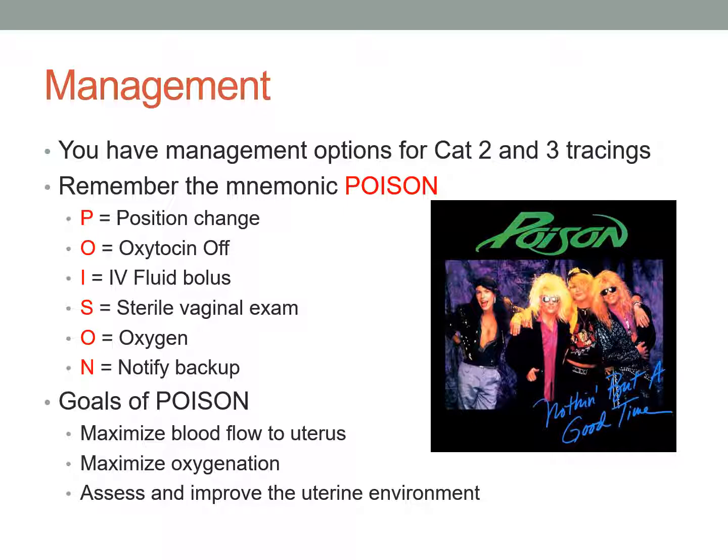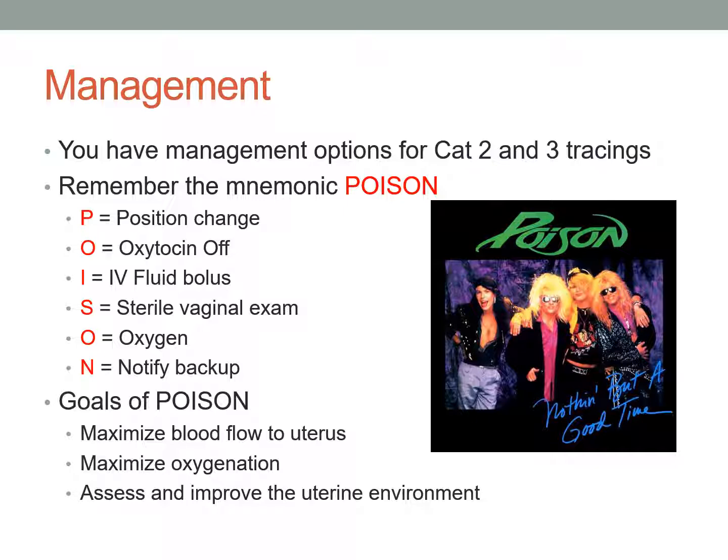I is IV fluid bolus. S, sterile vaginal exam. C, is the situation changing? Is there suddenly a cord being compressed? Is there suddenly a change in fetal station? O is for oxygen. N is to notify your backup.